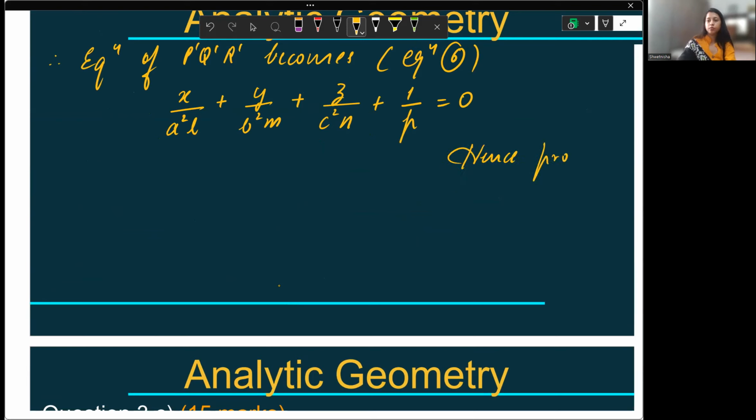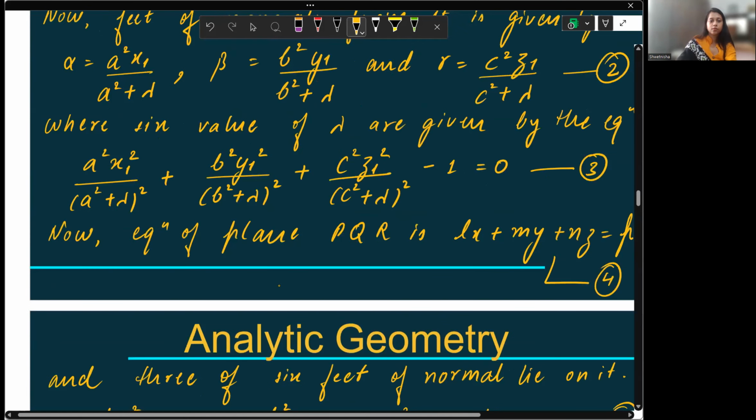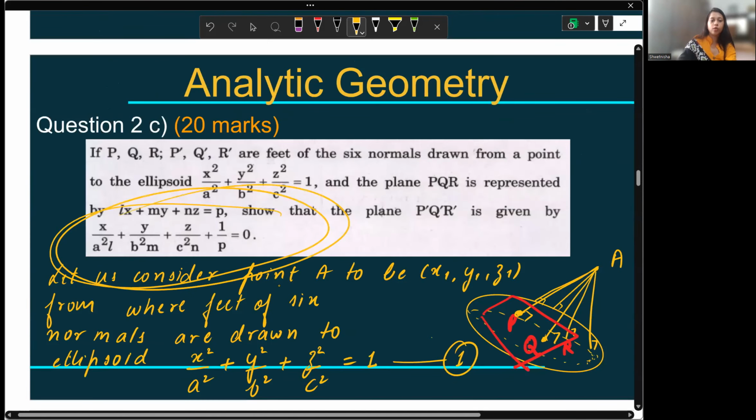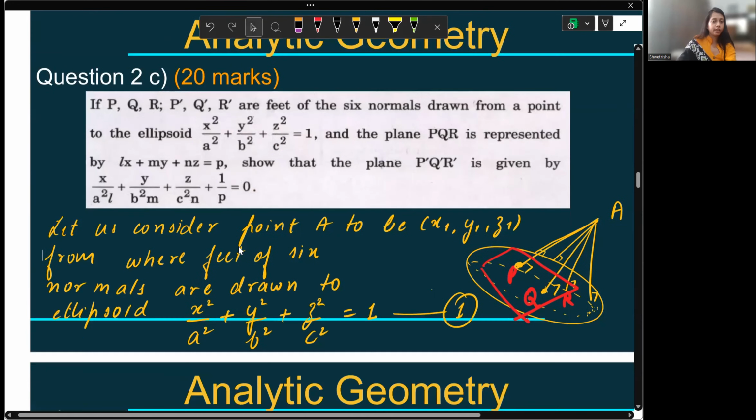Hence, proved. That's exactly the same equation that is here. Okay, and this was for 20 marks. If you have done this question from P.N. Chatterjee, then it was very easy to solve.